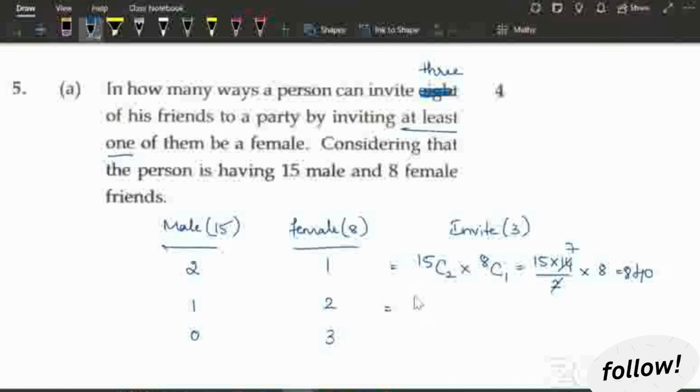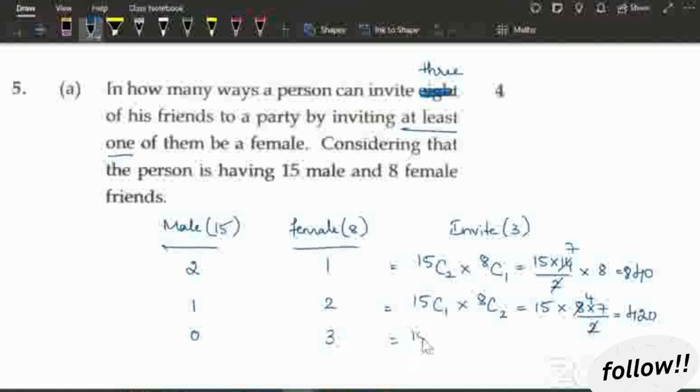And here I have 15C1 into 8C2. 15C1 is 15, 8C2 is 8 into 7 divided by 2 factorial, which is 2. So this gets cancelled. So you have 15 into 28, that is 420.